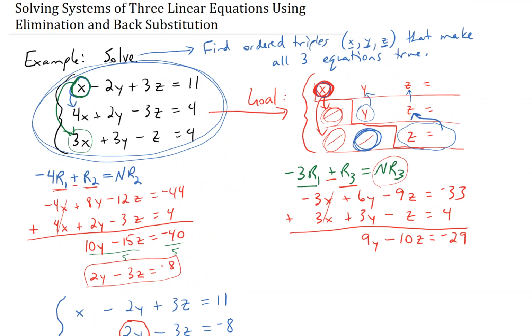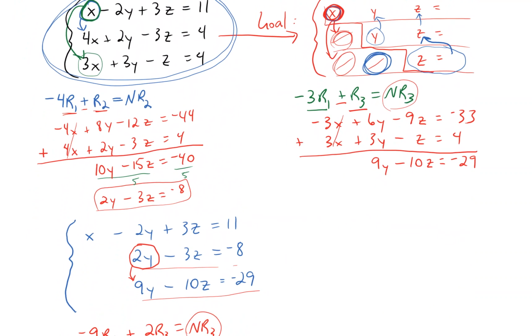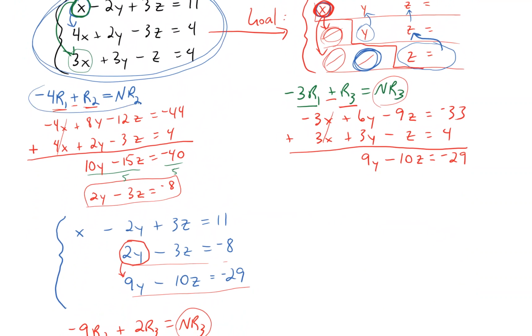Okay? So the key to this is to really take your time, show your row operations. That's critical. Don't skip showing your row operations. In fact, I would encourage you to write out the new rows when you multiply and then add. That way you don't mess anything up. These are problems where it's truly faster to go slower.